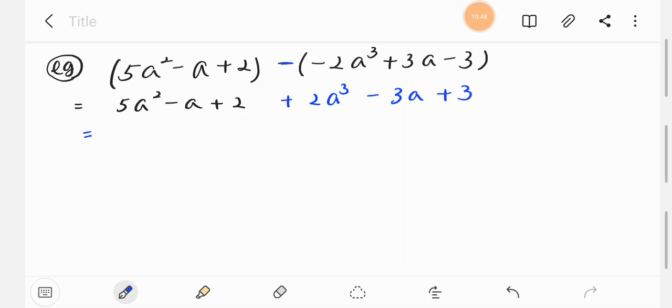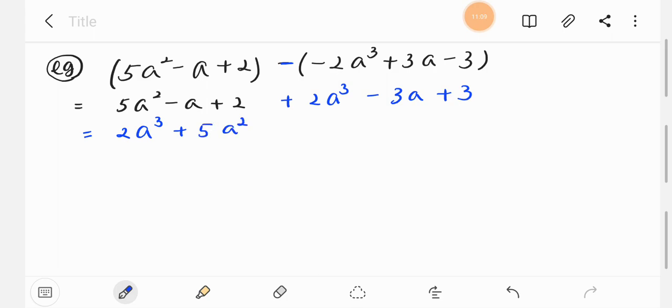Then combine the like terms. Write the term that has the largest exponent, which is 2a cubed. The second largest exponent term is a squared. There's only one, so write down 5a squared.